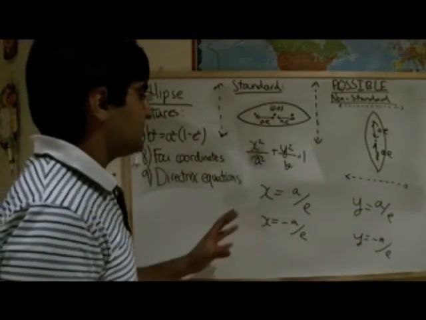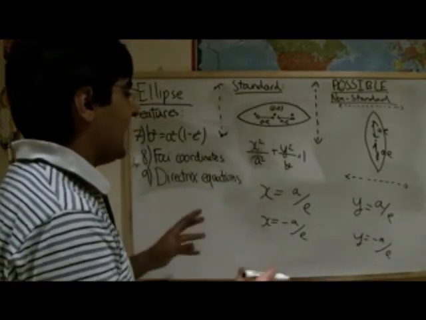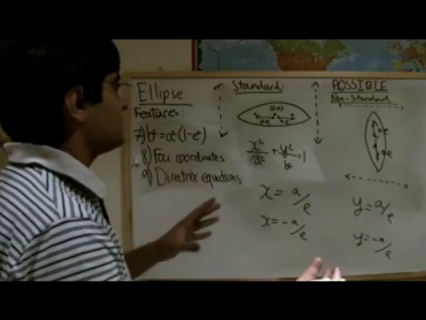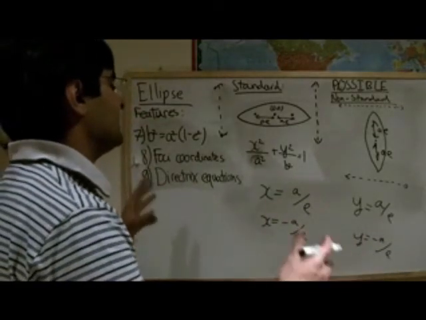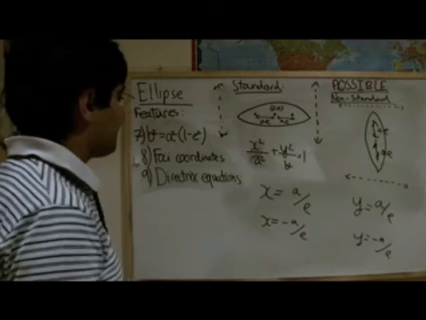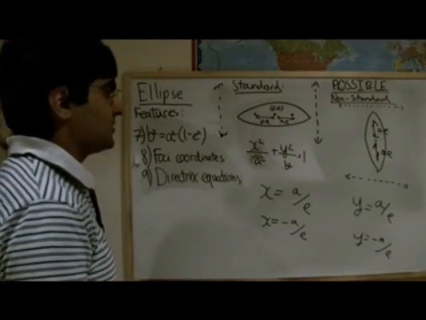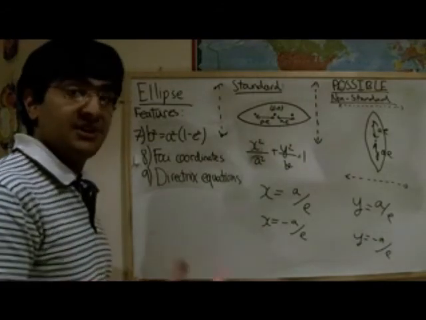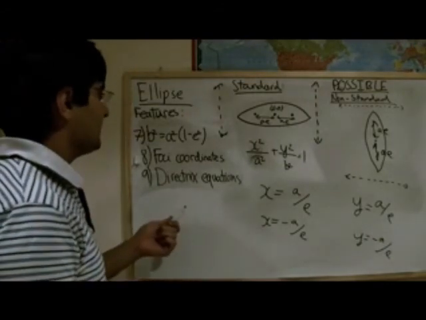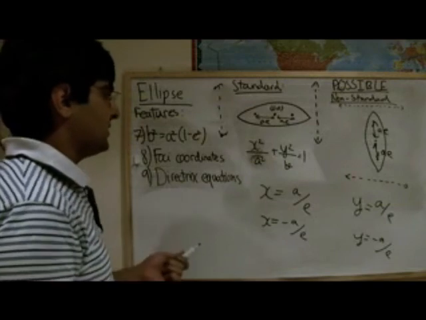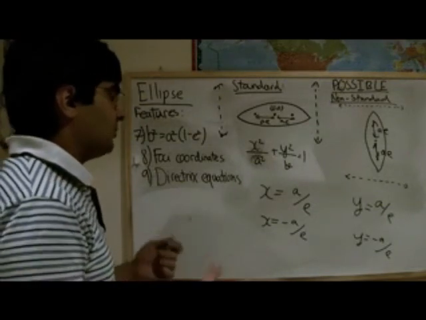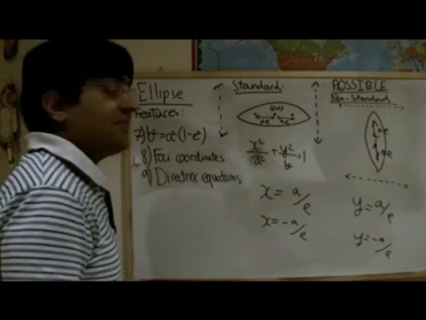Alright, so directrices will always be a divided by e units away from the center on either side of it, in the exterior of the ellipse. Okay, that takes care of these three important mathematical relations. Now in the next video we'll be putting these relations and the concepts we studied in the previous video and applying them to problems. Okay. Thank you for listening.